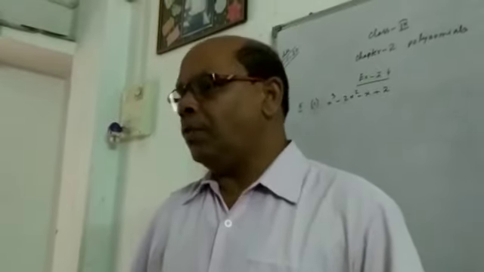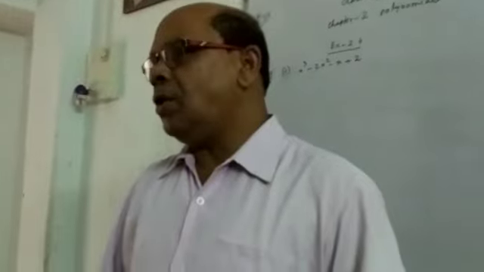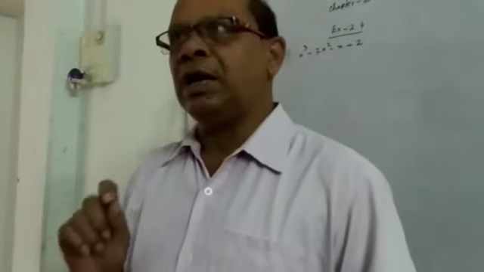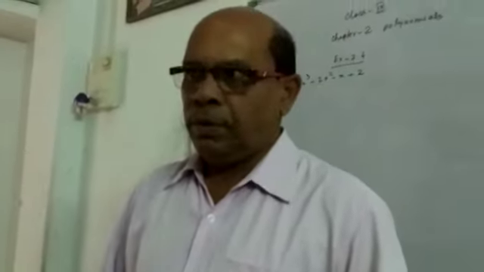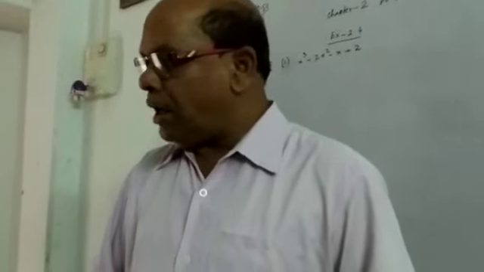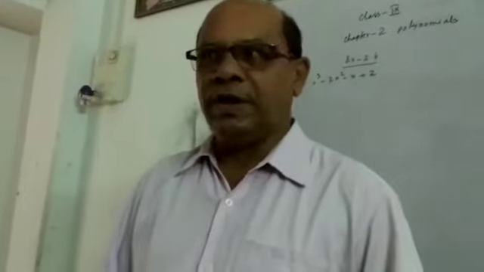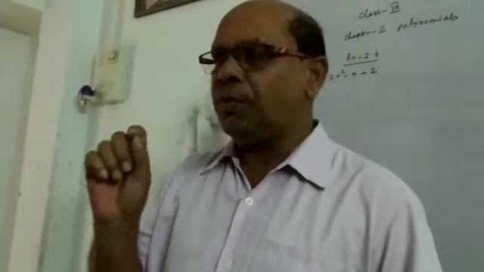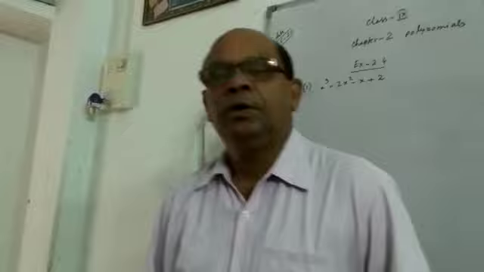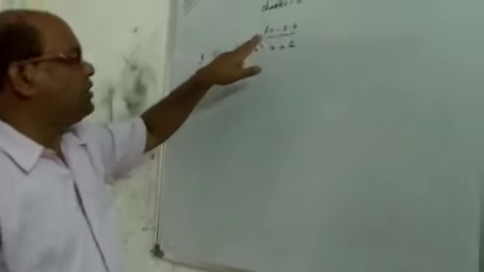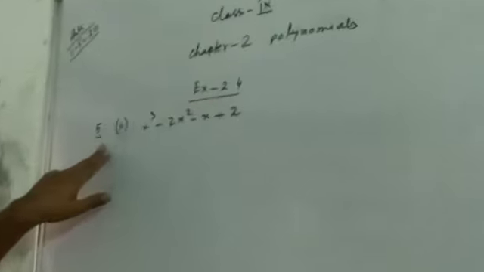But one thing is common: in all methods we have to find at least one zero. Here a cubic polynomial means 3 zeros will be there. So by any method you factorize it, but minimum 1 zero first we have to find. So okay, then exercise 2.4 question number 5.